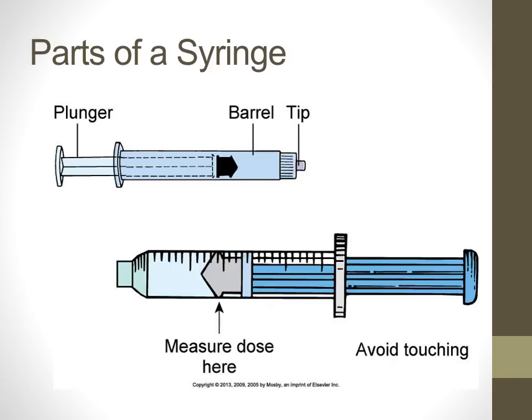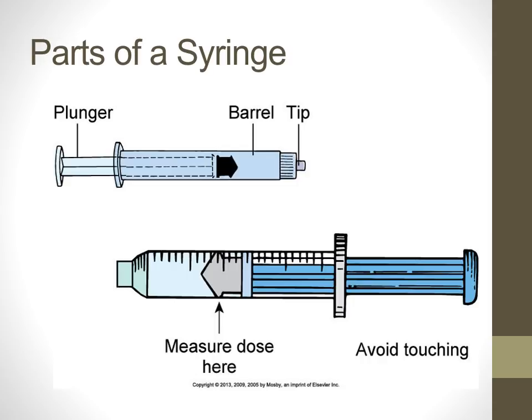Here you have the different parts of your syringe. The tip is to remain sterile at all times. That's what's going to attach to the needle. You have the barrel of the syringe, and you see that little black part that looks like a little triangle. When you measure how much medication you're drawing into the syringe, you want to measure it to that tip of that black section right there.